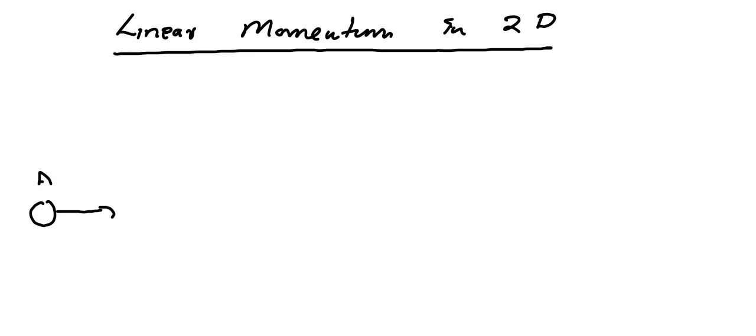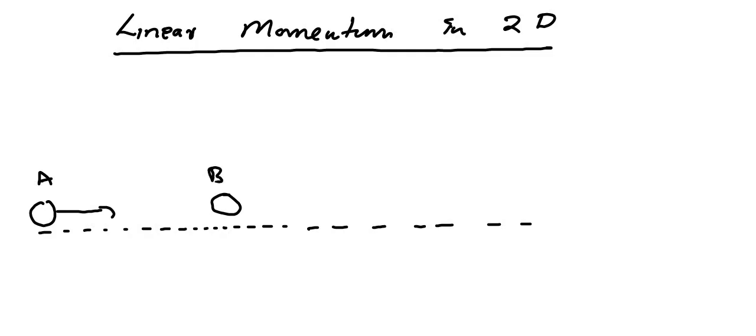Let's call this guy A. Then we have the second object. Let's call this guy B. They are on a plane, the X or Y plane. Then we're just saying when ball A glances on ball B, it just pushes B to go a bit high.